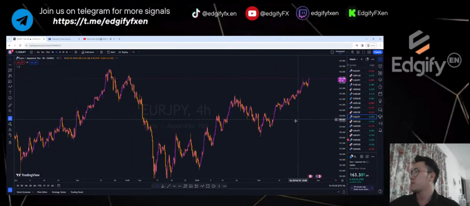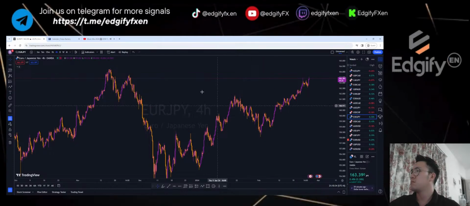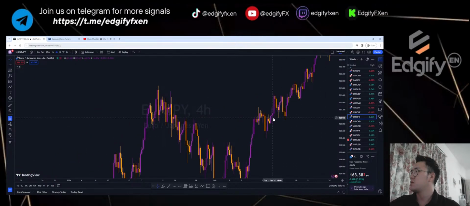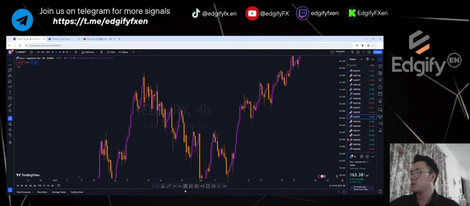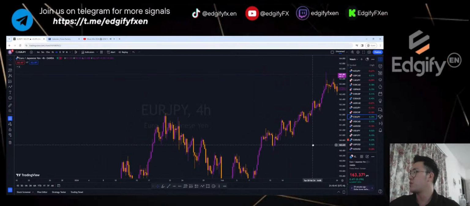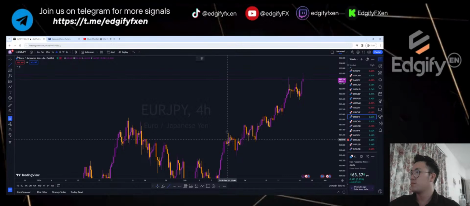Alright, Euro JPY, it's been rallying higher and higher, but there's not much proper price action that we are looking at. We can take some opportunities by using these rallies here.